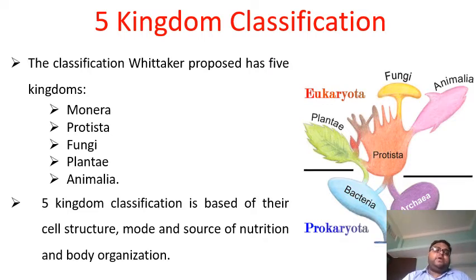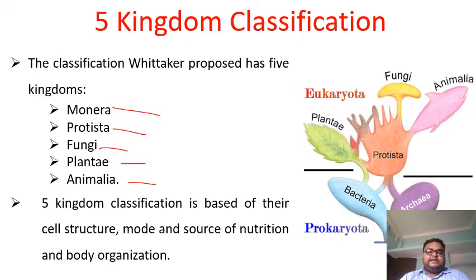What are those 5 kingdoms? First is Monera, second is Protista, third is Fungi, fourth is Plantae, fifth is Animalia. Repeat after me: the 5 kingdoms proposed by Whitaker are Monera, Protista, Fungi, Plantae, and Animalia.